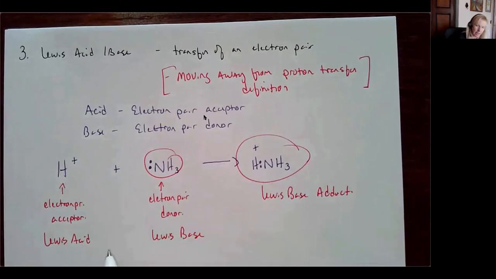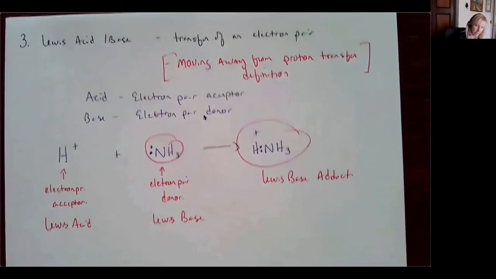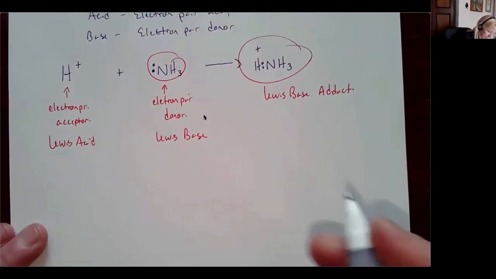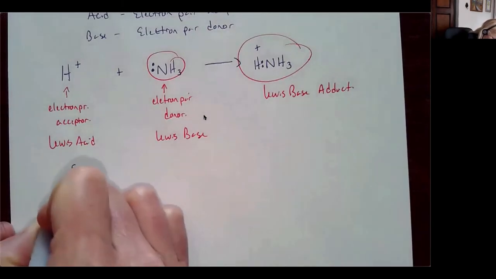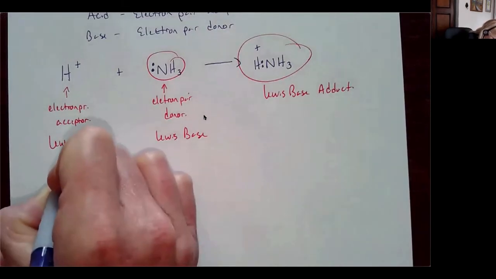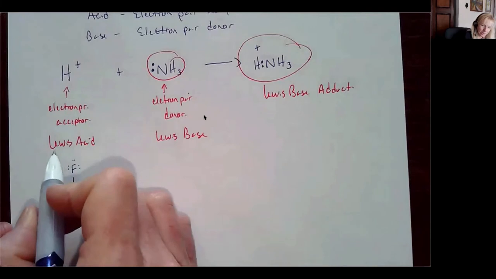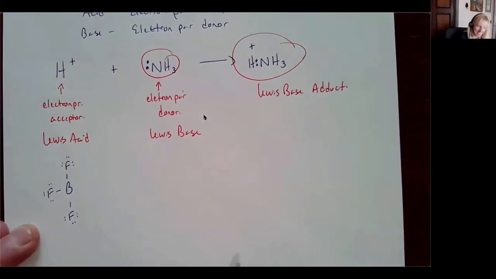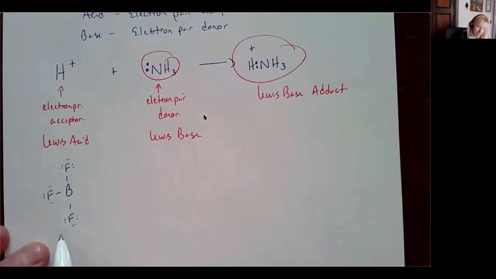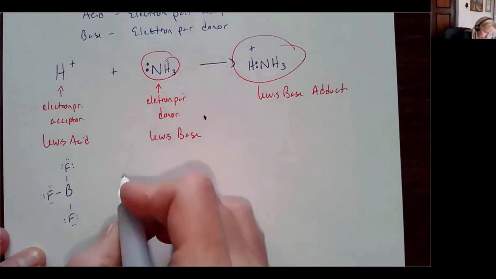So I don't necessarily need hydrogen. I could also do this with, say, something like BF3. Draw the Lewis dot structure. I know you guys thought you were done with Lewis dot structures, but this is where the Lewis acid comes in. If I draw my Lewis dot structure for BF3, what I see is that boron can still hold 2 more electrons. It only has 6 electrons around it. And so it's able to act like a Lewis acid.